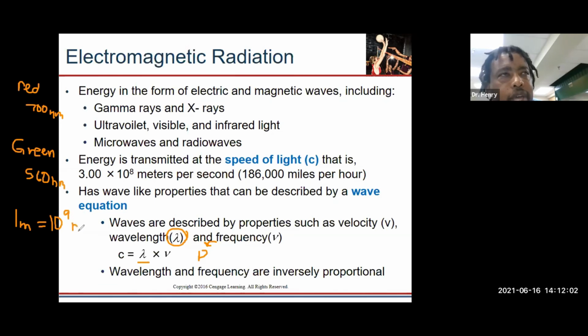And the reason I remember that is because 9 starts with an N. So I know that 10 to the 9 nanometers equal 1 meter. Since this guy is in meters, if I'm going to use this equation, I have to change my nanometers into meters. Okay, so I'm going to go to a whiteboard.